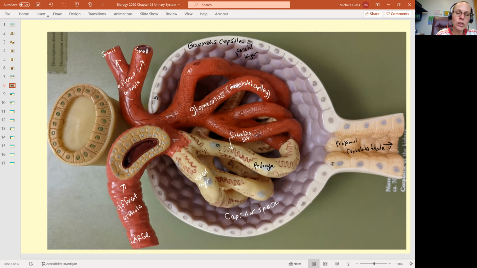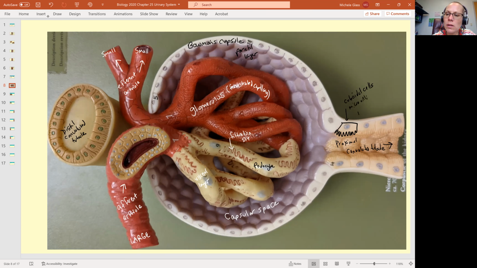And then we see, twisting around right up close to both the afferent and efferent arteriole, we have the distal convoluted tubule. Notice that in the proximal convoluted tubule, we'll come back to this, but we have cuboidal cells with microvilli.